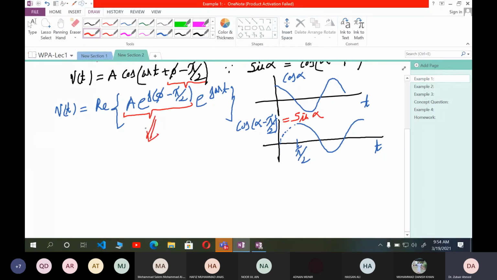Or you can write it directly. Whichever method suits you, you can use. So V S is the phasor, which is A exponential of j phi and exponential of minus j pi by 2.